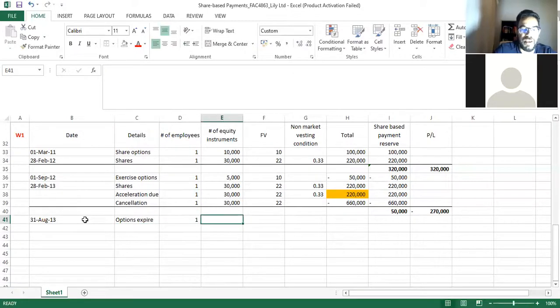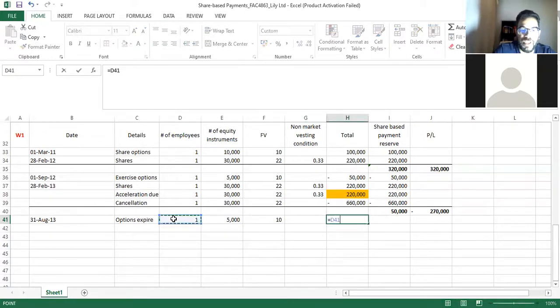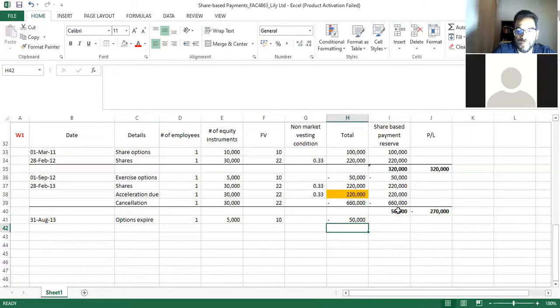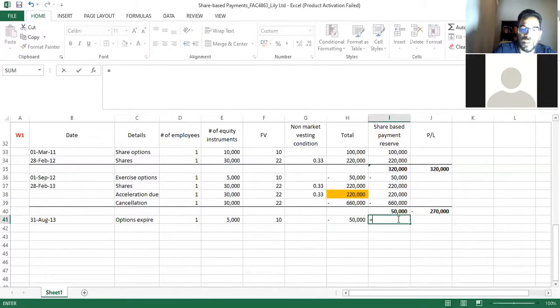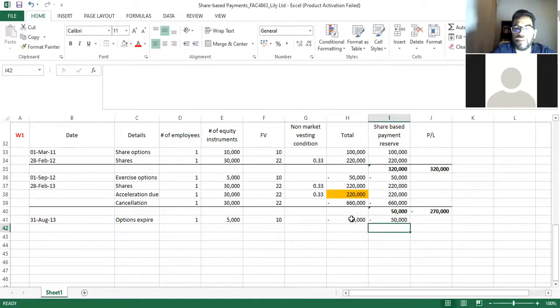One employee, 5,000 options at 10 Rand, no vesting period. So we just say one employee multiplied by 5,000 multiplied by 10. Now remember, it is decreasing, so we make it negative. So at 31 August 2013, share-based payment reserves is 0.